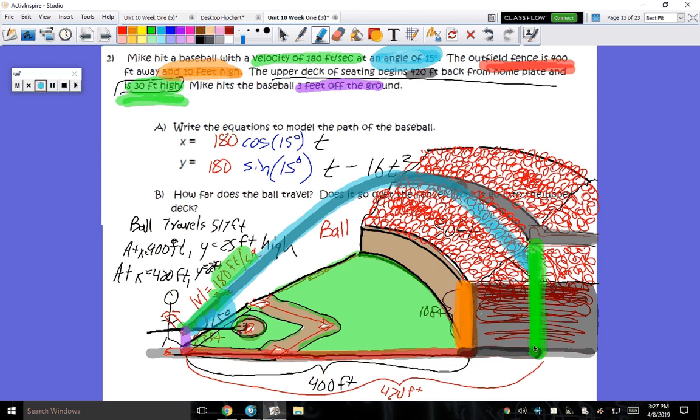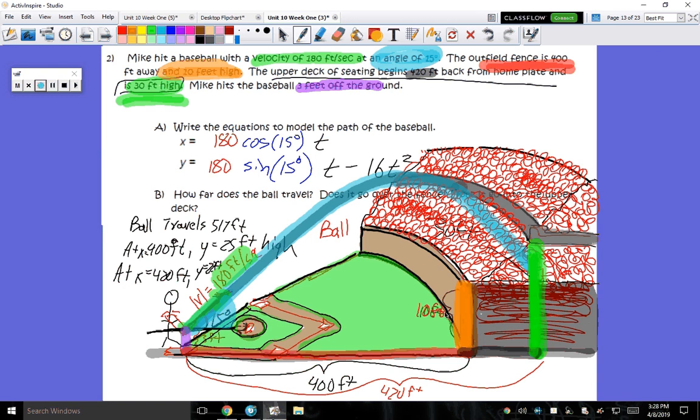Okay? So now what we're trying to do is, this is 10 feet. How far does the ball travel? One, how far does it travel if it were to go all the way until it hit the ground per se? You with me? So what is it that we're going to do? We're going to set what equal to 0?